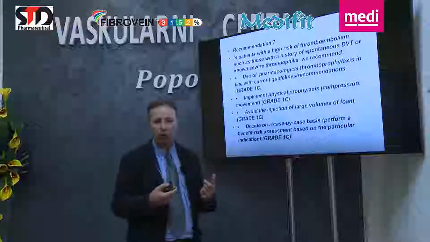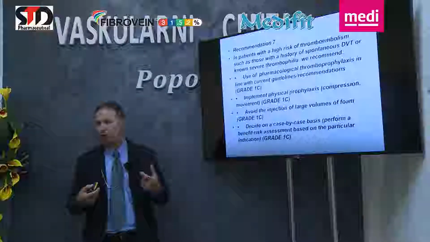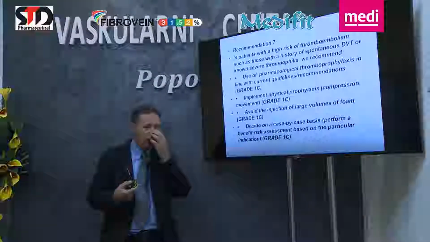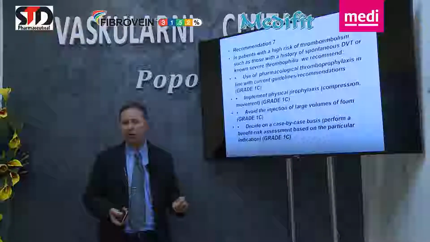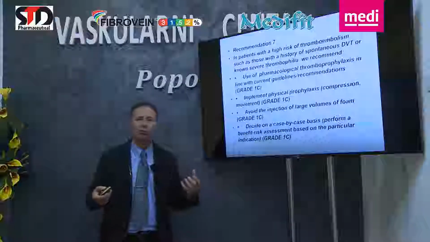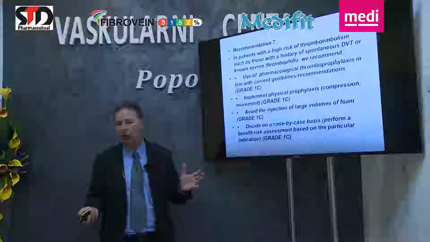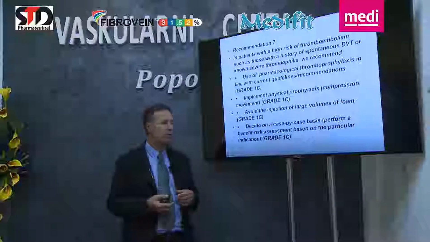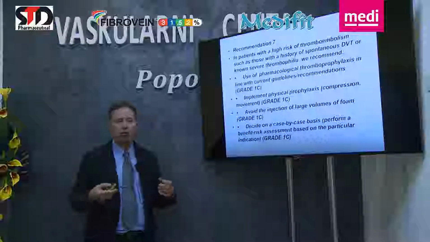Is it unprovoked? Is it provoked? Could he or she have a thrombophilia? So I love to screen for thrombophilia in all patients when you get some suspicion of thrombophilia. It means previous DVT, where you don't know exactly which was the reason, and let's say strange stroke or whatsoever.